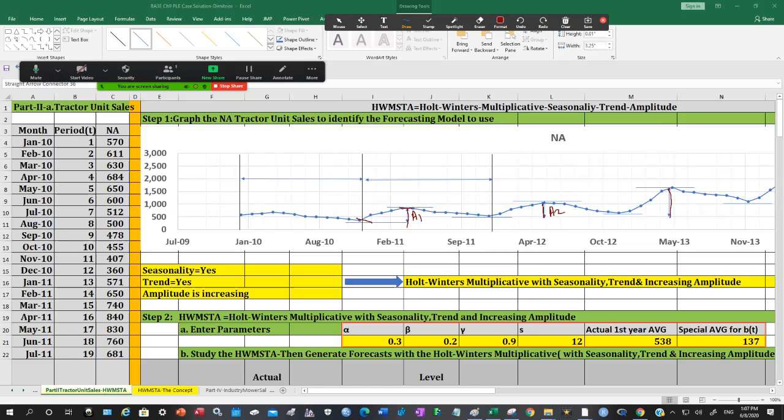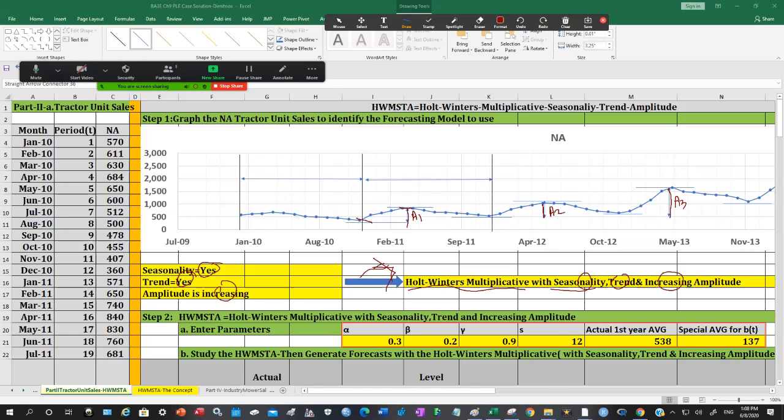Here is another amplitude, amplitude 3, and so forth. And you see that the amplitudes are increasing. So we have seasonality, we have trend, and the amplitude is increasing. This means that we can use Holt-Winters multiplicative with seasonality, with trend, and increasing amplitude. Okay.